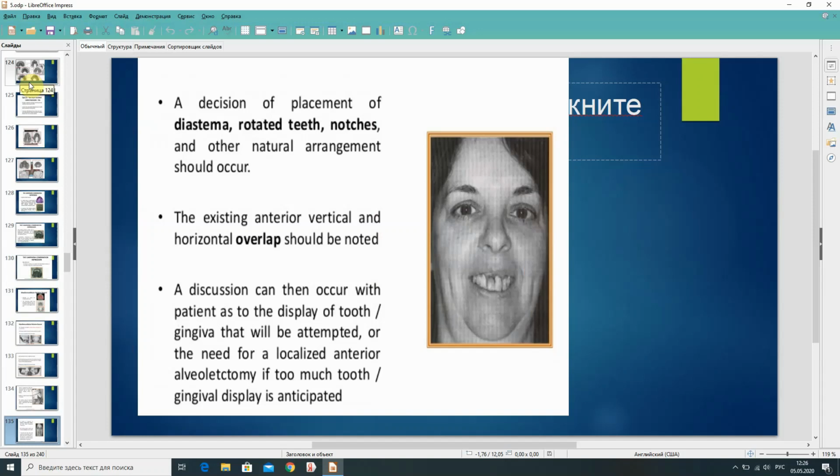A discussion can then occur with the patient as to the display of tooth and gingiva that will be expected, or the need for a localized anterior alveolectomy if too much tooth or gingival display is anticipated.